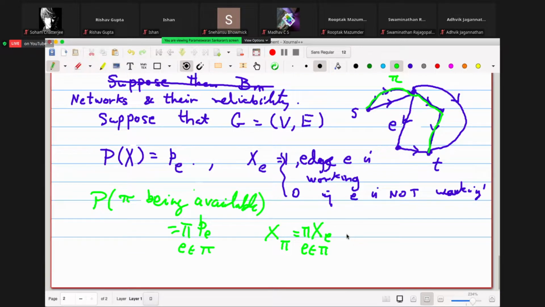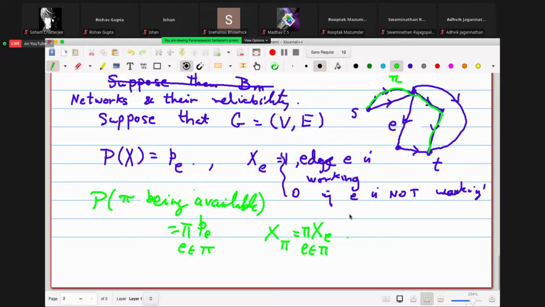And the basic assumption is that a particular edge may work or fail to work independently of any other edge working or not working. That is the basic assumption in this model, and it is a very simplified model.